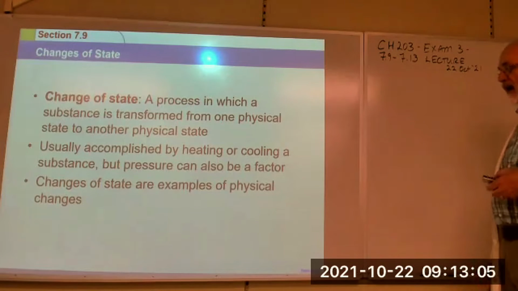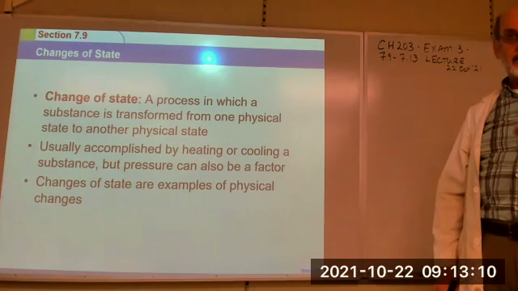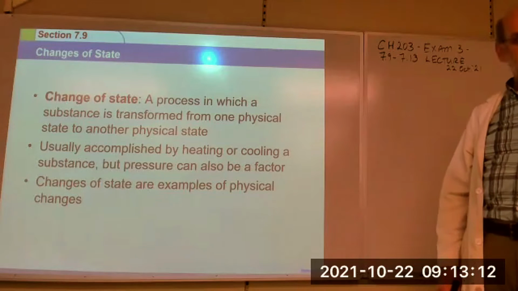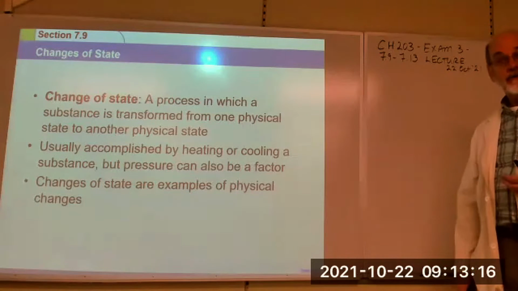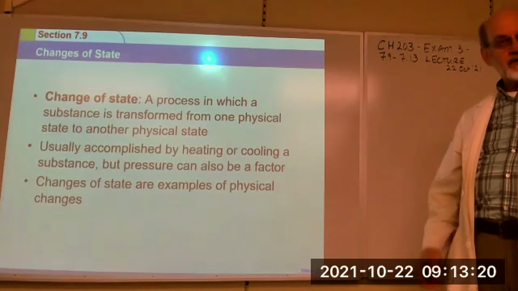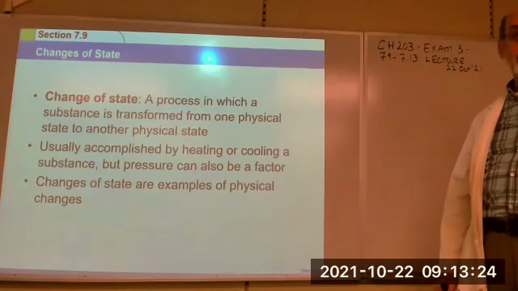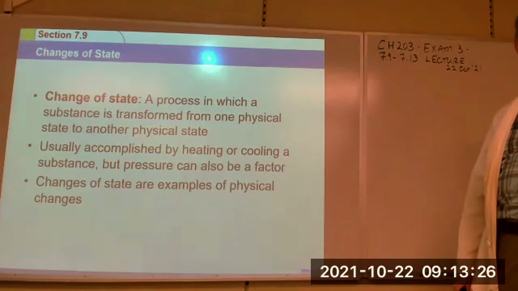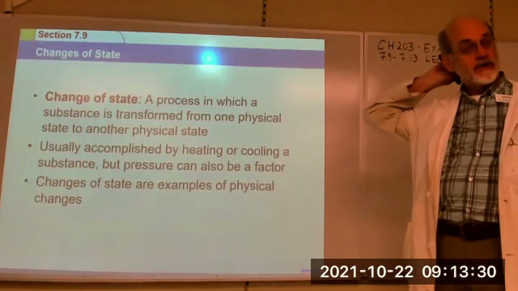And more often than not, it's accomplished by adding or extracting heat from the substance. That's not the only way, but it's the most common way. And sometimes when you use other ways to change states, you're actually combining two or more different processes, like changing pressure, like changing air pressure. We used to do that with our freeze dryers.